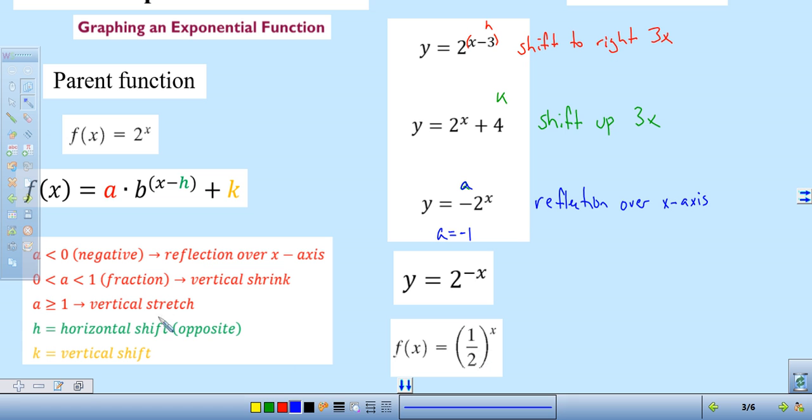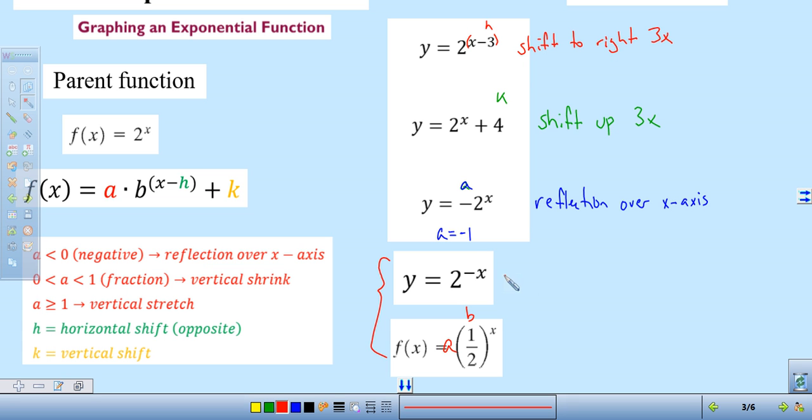Well, it says right here that A is a fraction, but that's not my A value, that's my B. My A value would be right here. This would be my A. So this is actually my B right here. So the correlation I want you to see is that these two guys right here are actually exactly the same. These are exactly the same statements.